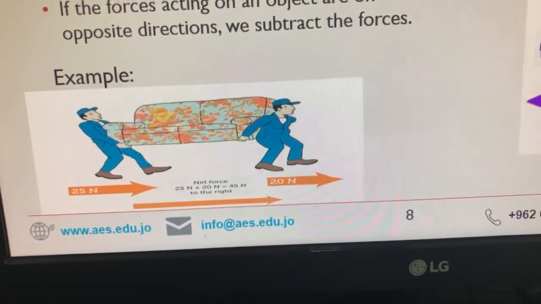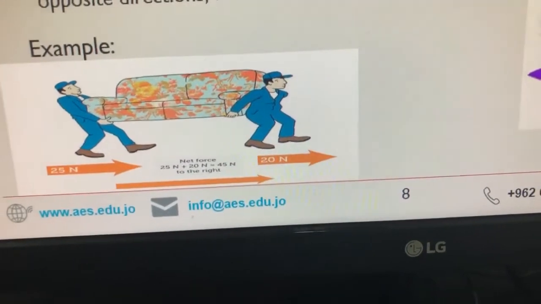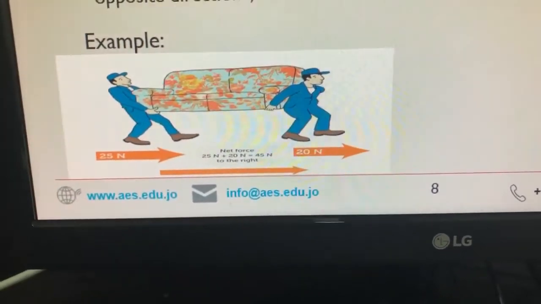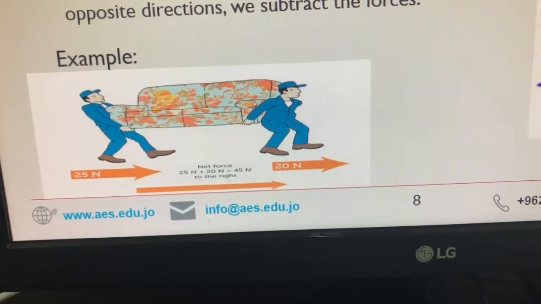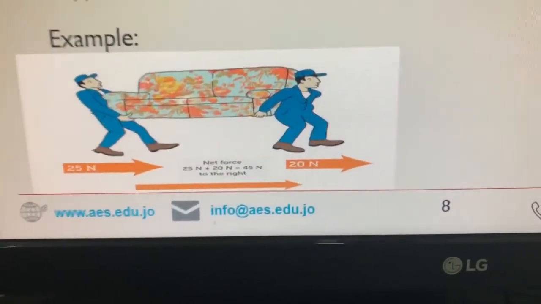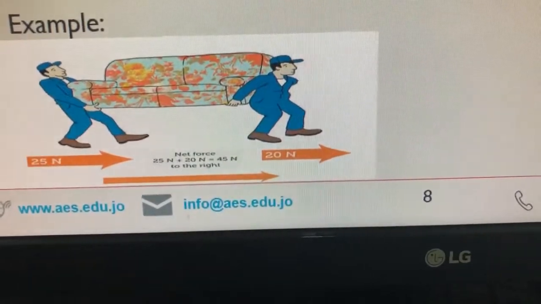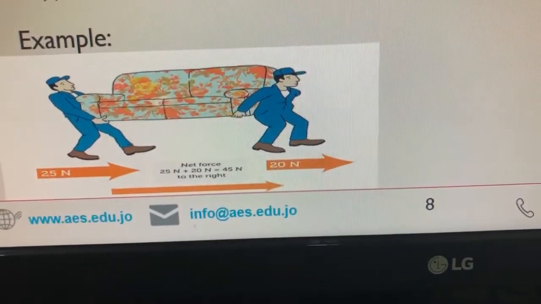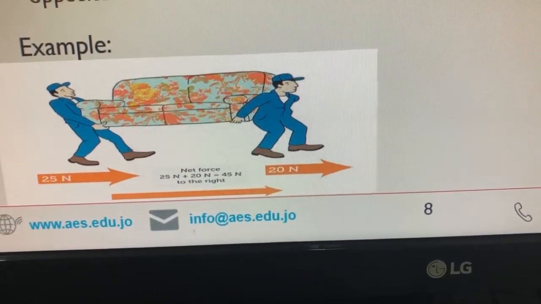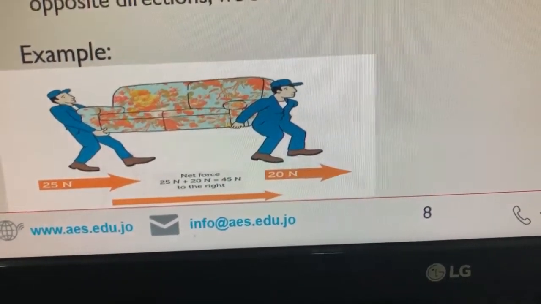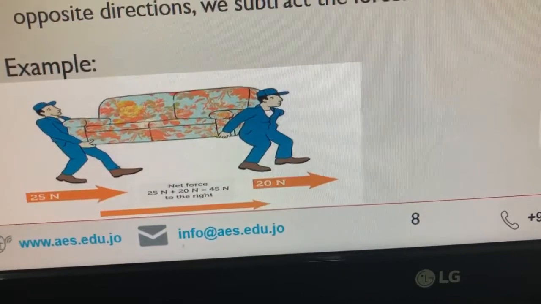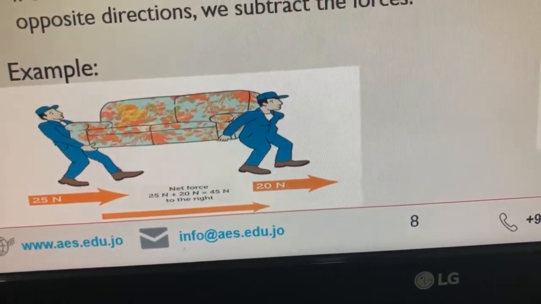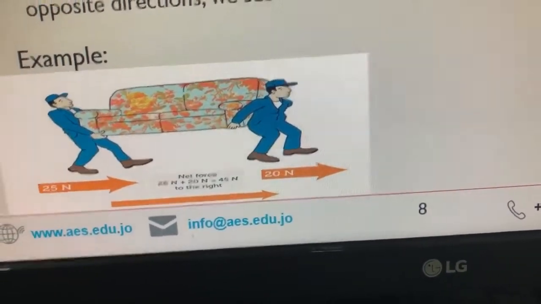So when we have two forces acting on an object that are going in the same direction, and these are going in the same direction to the right, we add them. So what we do to calculate the net force is 25 Newton plus 20 Newton equals 45 Newtons to the right, because the forces are both going to the right in the same direction. So that's why we did not subtract them, we added them.